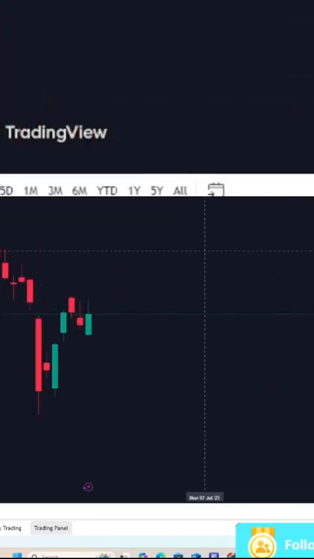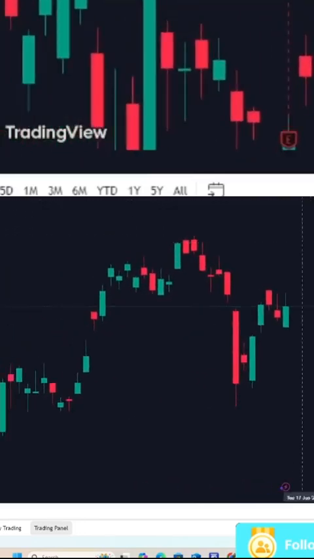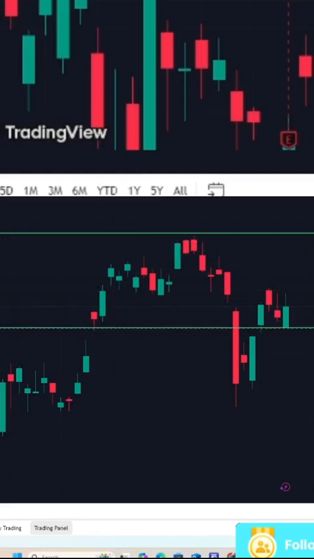Let me show you something. Some people use what you call the resistance and support strategy. How does that work? Resistance and support are lines they put on the chart, and we call that support there.